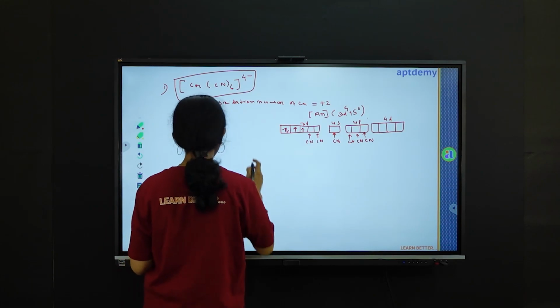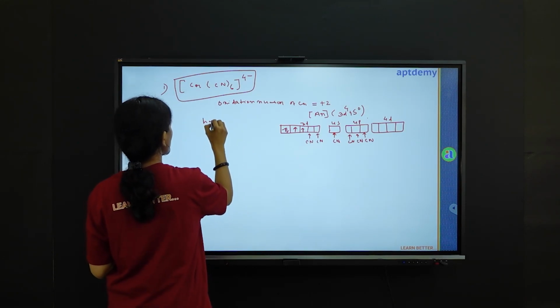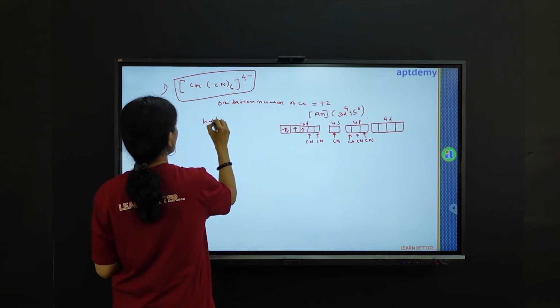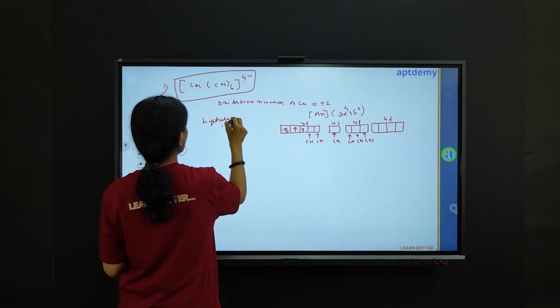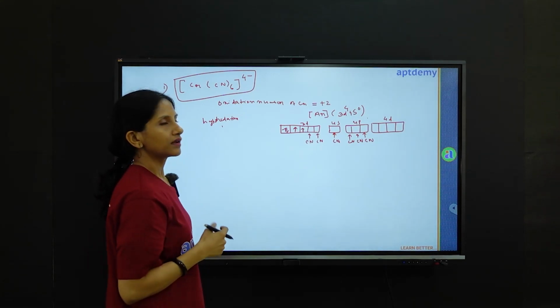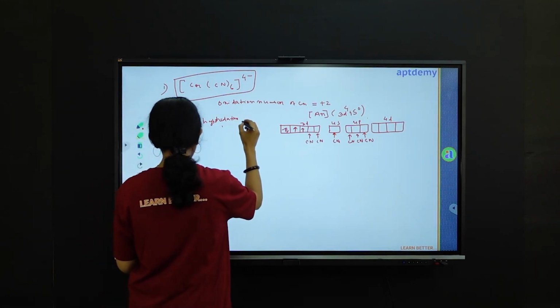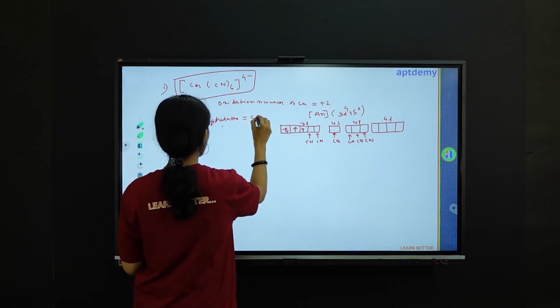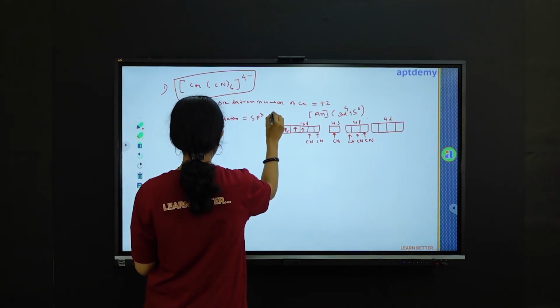So now the hybridization state of the metal in this species is sp3d2.